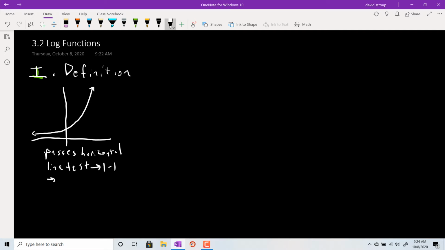That implies it's invertible. So this would be some sort of thing like y equals b to the x, right? Okay, so what is the inverse of that exponential function? And we know it must exist somewhere. How do we find inverses? So recall finding inverses.